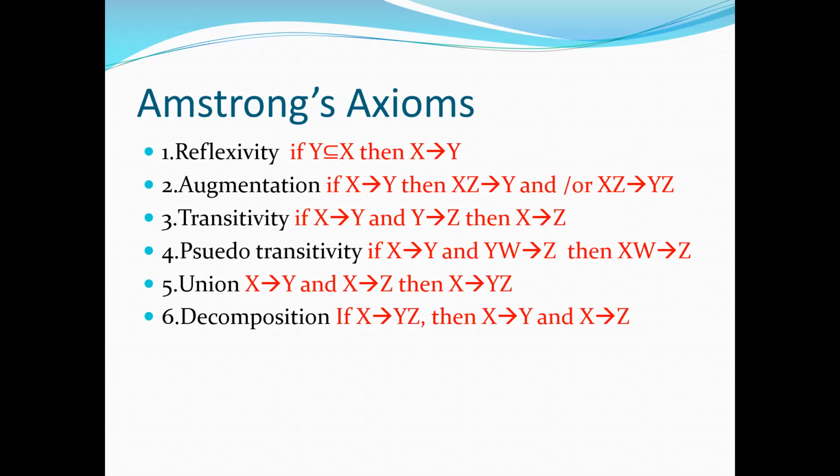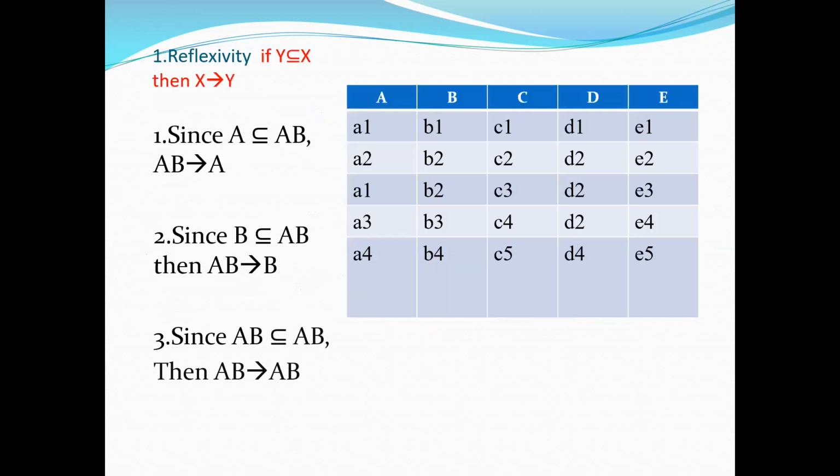If x functionally determines y and yw functionally determines z, then xw can functionally determine z. Union, if x functionally determines y and x functionally determines z, then x can functionally determine yz. Decomposition, if x functionally determines yz, then x can functionally determine y as well as x can functionally determine z.